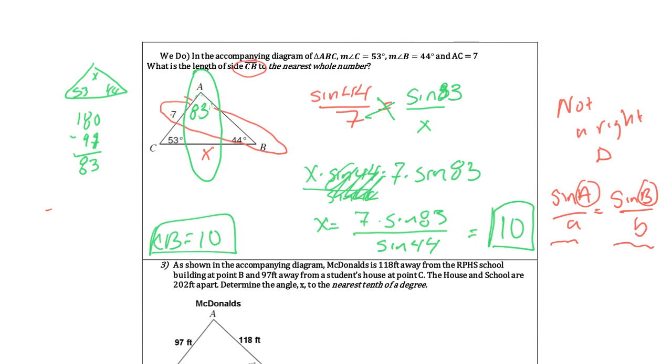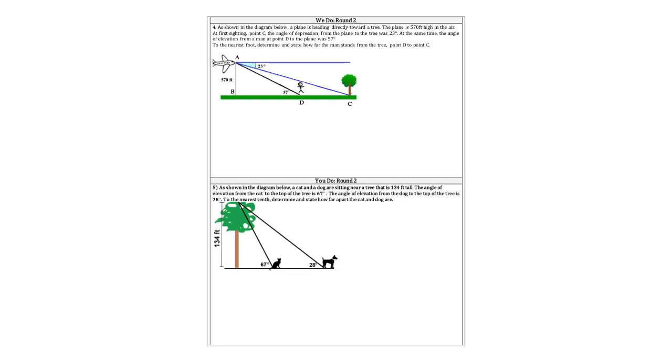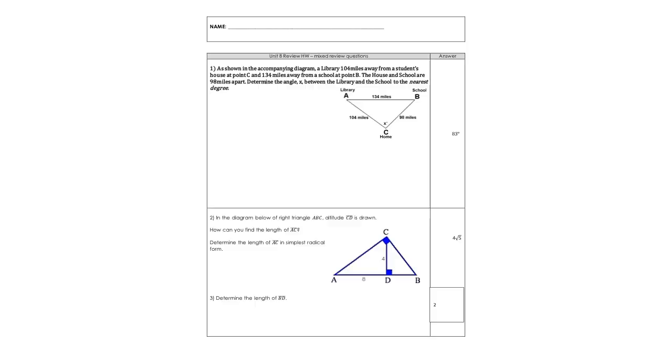So listen to my directions because I'm going to explain what to do for work and what you're going to submit now. So your work for today that you're going to submit, if you look here, I flipped to the Unit 8 homework review.